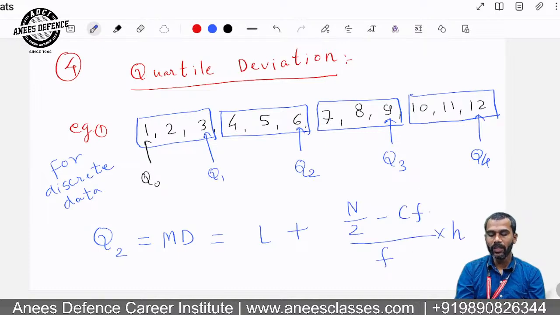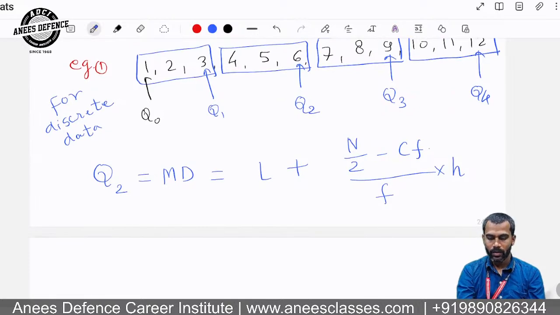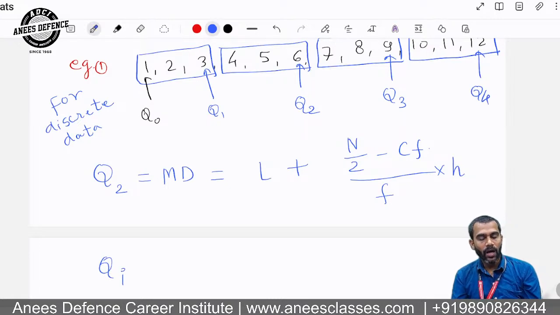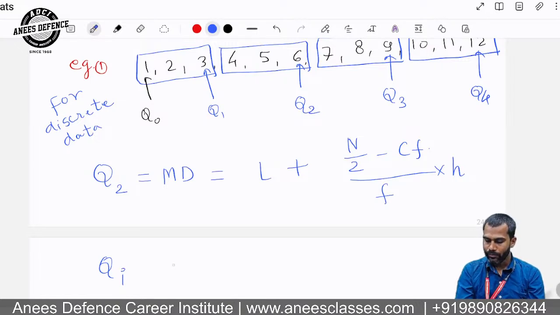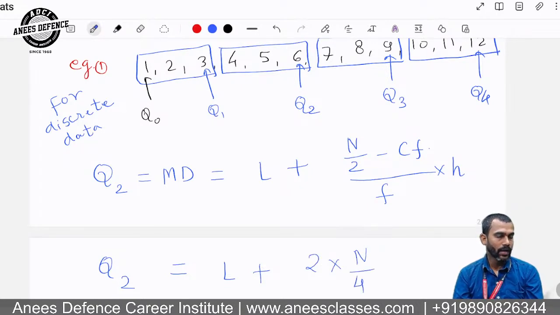Now let me generalize this formula. If I want to find out Qi, meaning Q1 or Q3, see what I have to do. Can I write Q2 as L plus 2 into n by 4? Why 4? Quartile, that is why we divide the whole data into 4 parts.